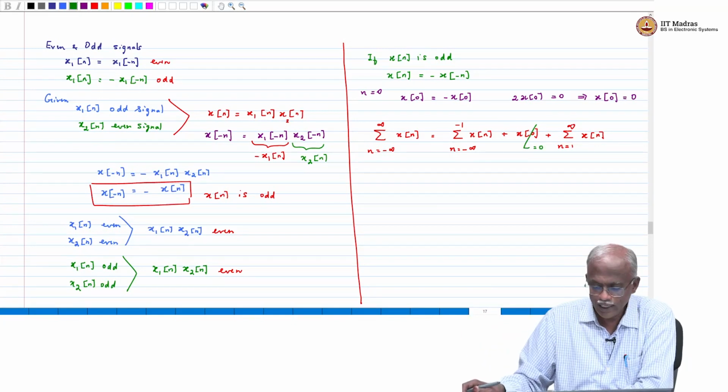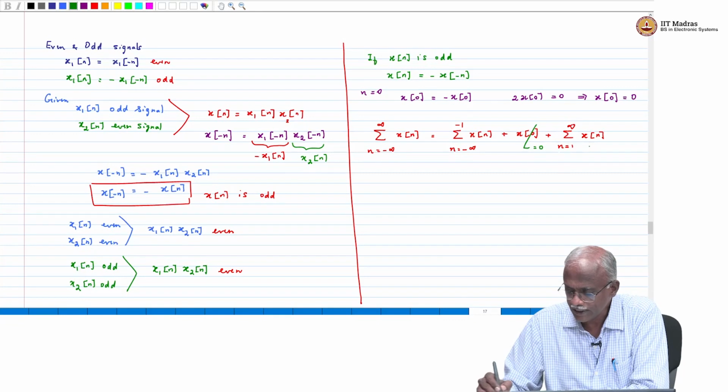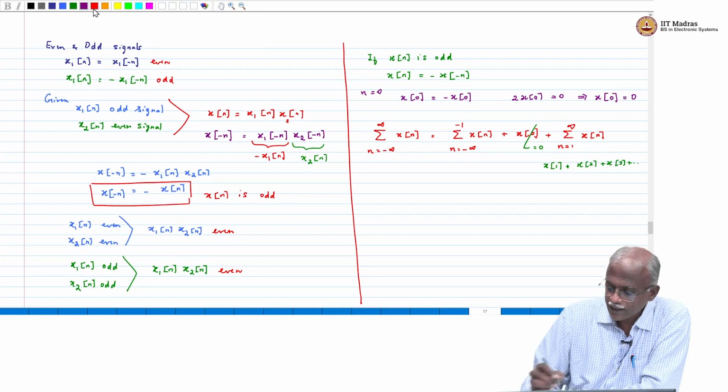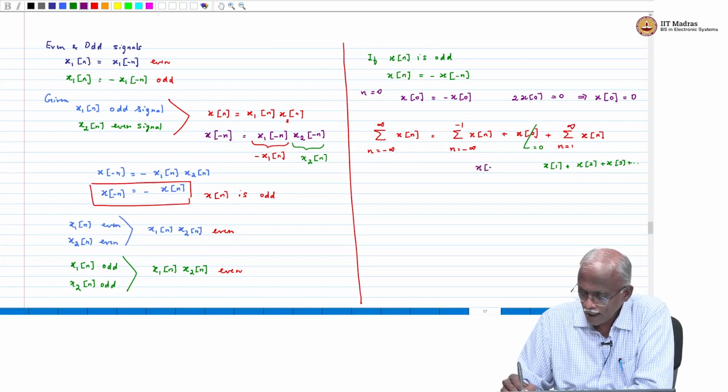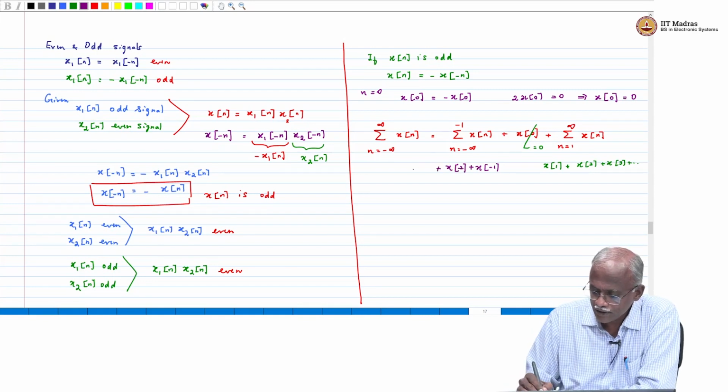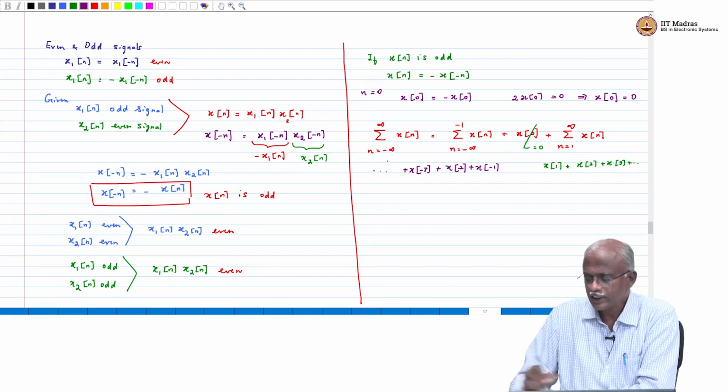Now look at the terms in the second summation. This is x of 1 plus x of 2, x of 3, dot dot dot all the way to infinity. Now look at the summation here: x of minus 1, x of minus 2, x of minus 3 and so on.